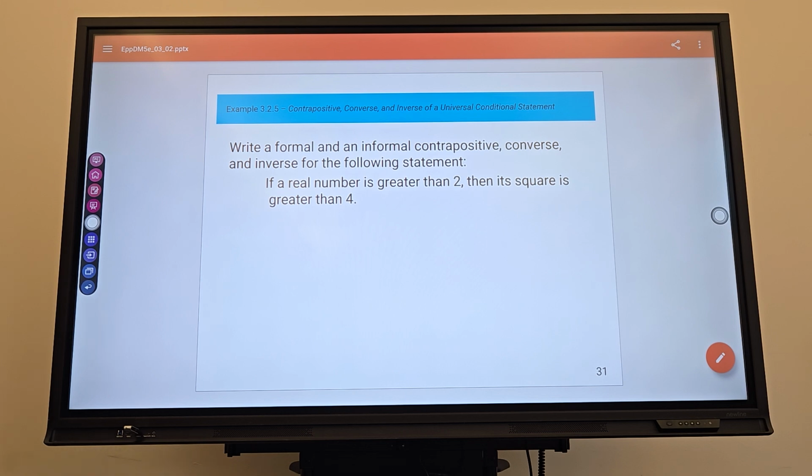Converse would be if the square of a number is greater than 4, then the number is greater than 2. And the inverse would be if a number is less than or equal to 2, then the square is less than or equal to 4.